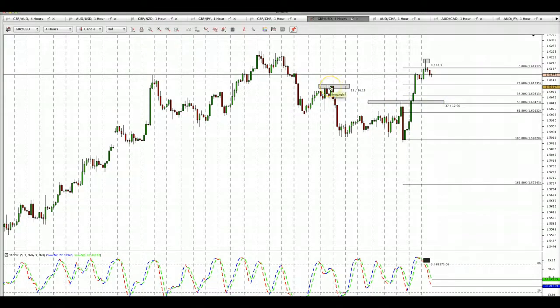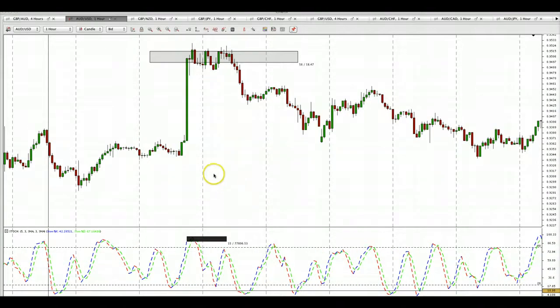Okay, one is here, a swing point, and then the second one is here, which happens to be the 50% retracement level, which is a very, very popular retracement level for the pound dollar. And stochastics will definitely be oversold on the 4 hour chart if it comes back down to these levels here.